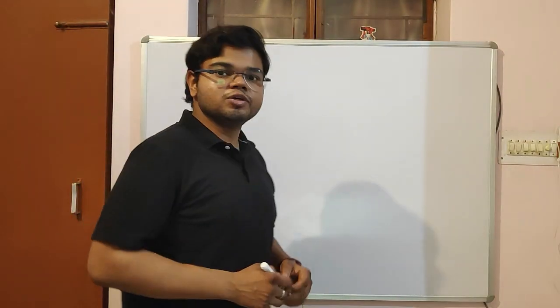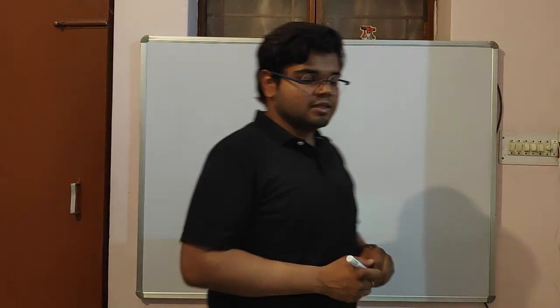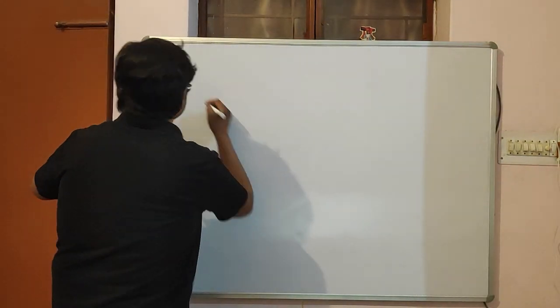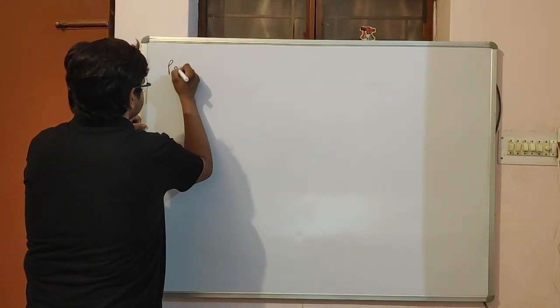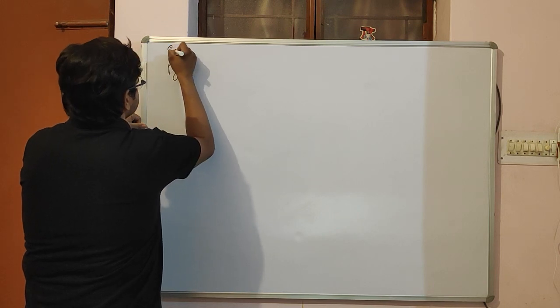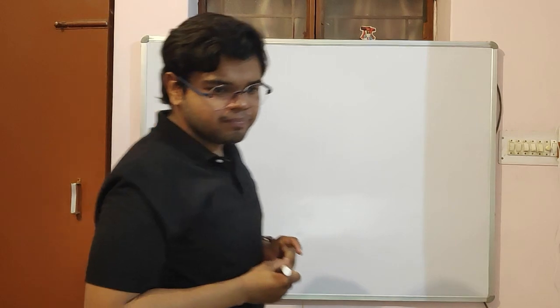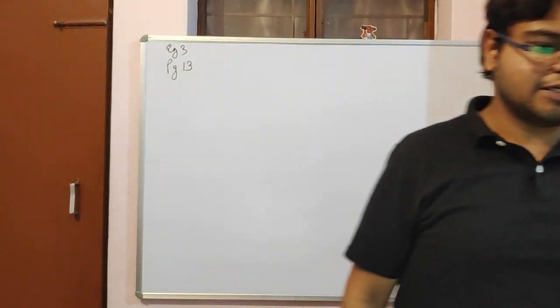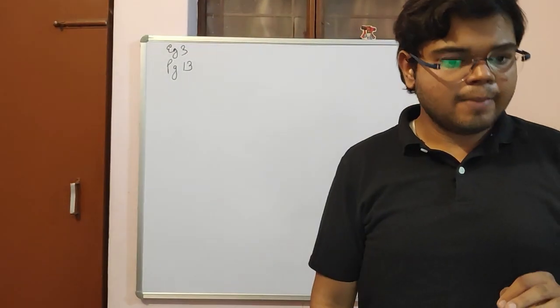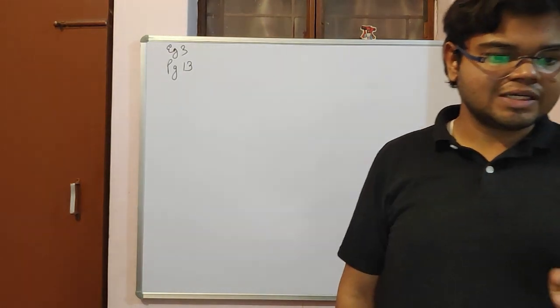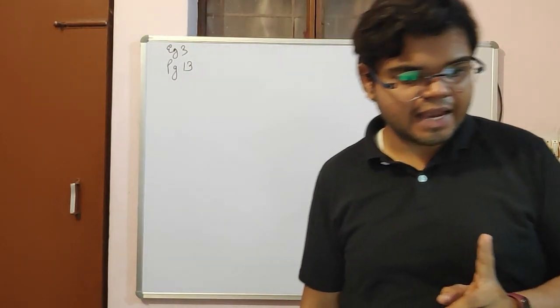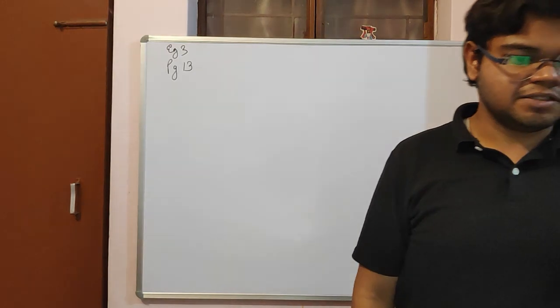So children, we will be doing some examples from the textbook. The first example that we'll be doing is example 3 on page number 13 of the textbook. The example goes like, make the greatest and the smallest 5-digit numbers by using the digits 4, 6, 7, 9 by repeating any digit twice.